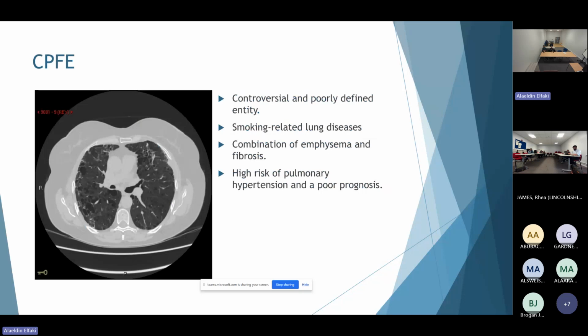There is nothing exclusive for that. But when you see emphysema in the upper lobe and fibrosis in the lower lobe, most likely it is combined pulmonary fibrosis and emphysema. It also carries a worse outcome and high risk for complications with pulmonary hypertension and lung cancer.